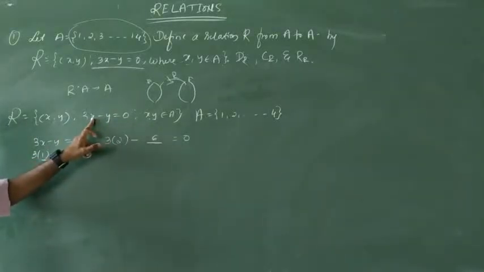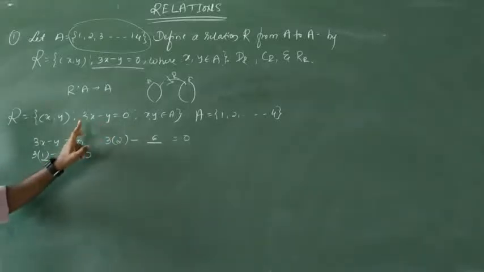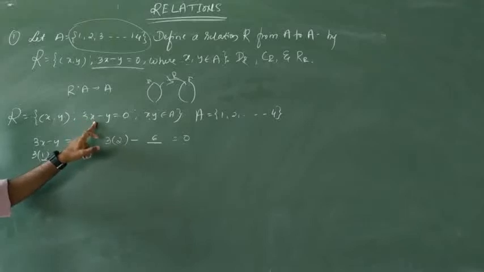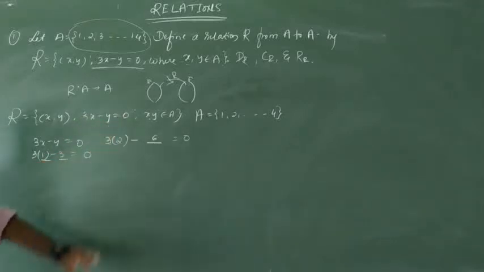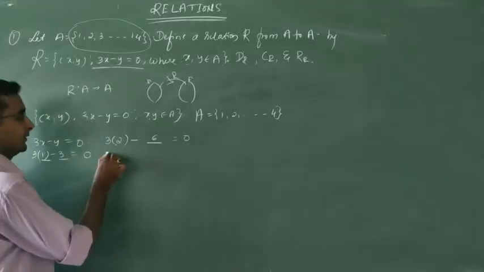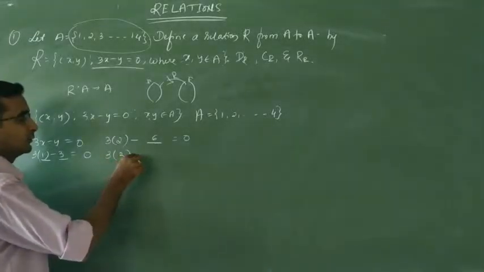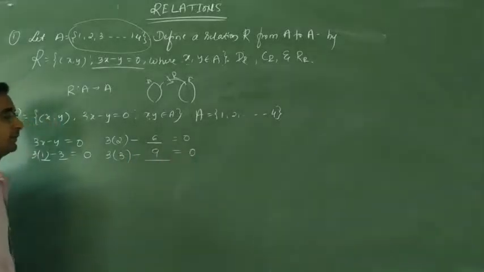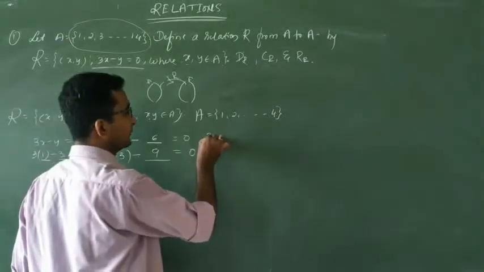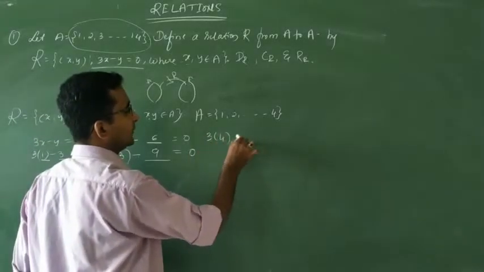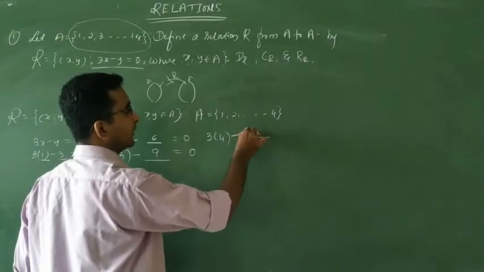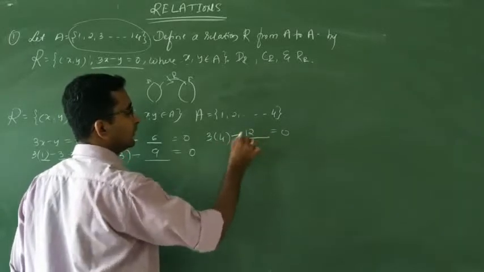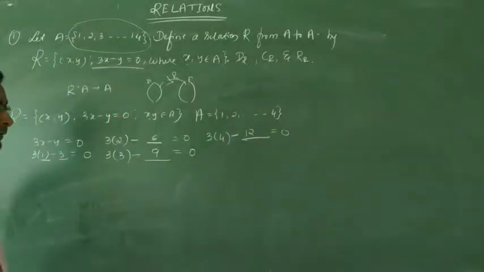When I take x as 1, 3 into 1 is 3, then y should also be 3. When I take x as 2, 3 into 2 is 6, 6 minus 6 is equal to 0. When I take x as 3, 3 into 3 is 9, so 9 minus 9 is again 0. When I take x as 4, 3 into 4 is 12, 12 minus 12 is 0.